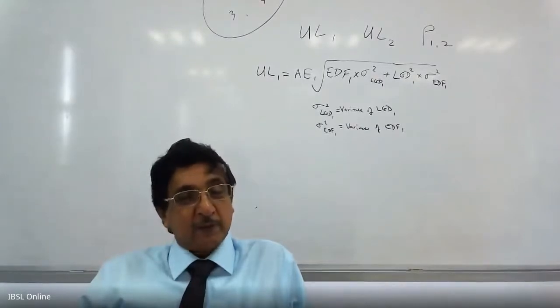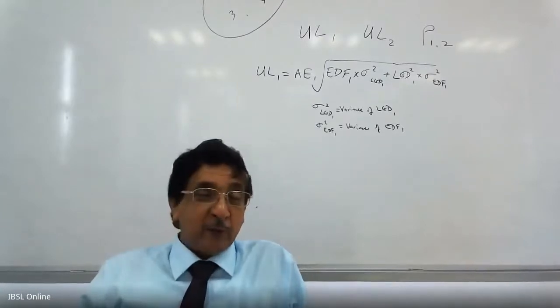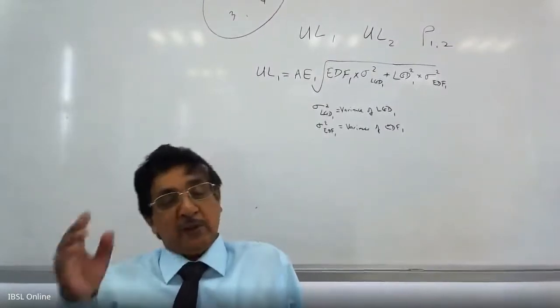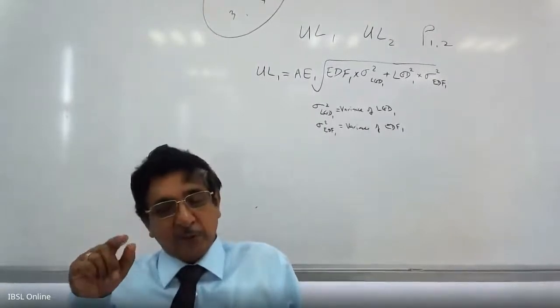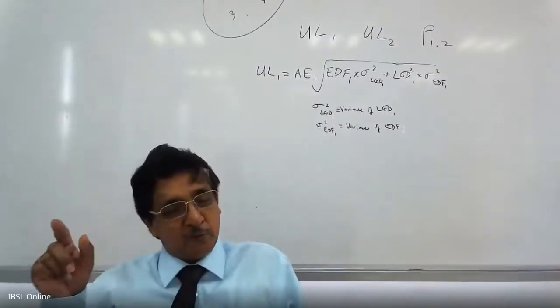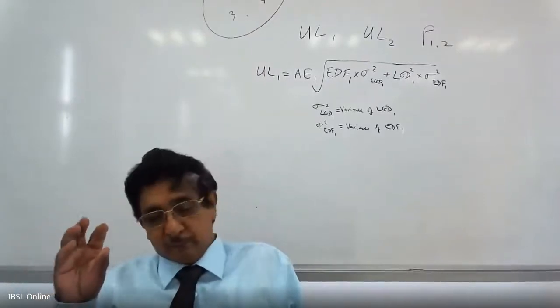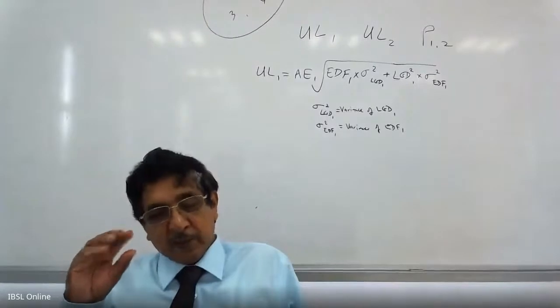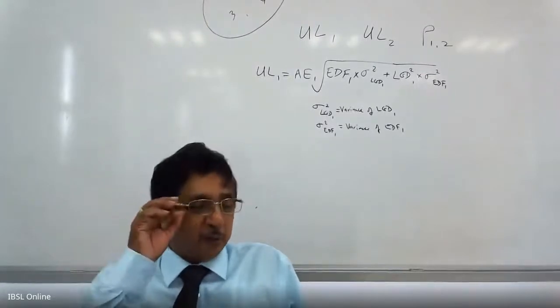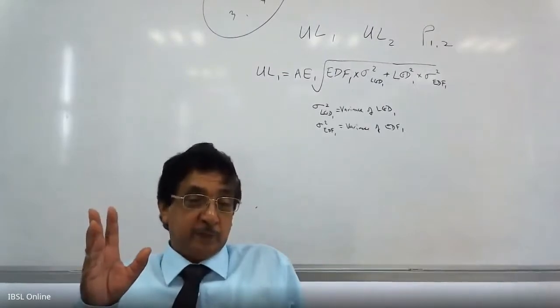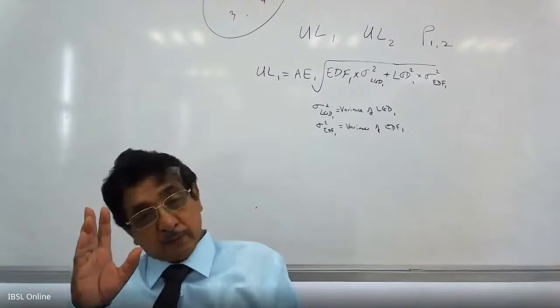Likewise, when you have 5 loans in a portfolio, how many pairs would there be? How are we going to get it? 5 into 4 divided by 2, that is 5 into 2, 10. There are 10 separate pairs in that portfolio, since you have 5 loans.